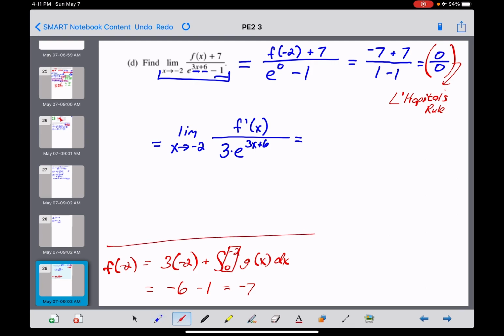Again, we said a while ago right here that f prime of x was going to be, the derivative of 3x was just 3, and then plus g of x, and that's all we had there. So f prime of negative 2 we're plugging in here is going to be a 3 plus g of negative 2. Okay, we'll work on that in just a second. And then on the bottom here, we have 3 times, and again, this becomes e to the 0 power.